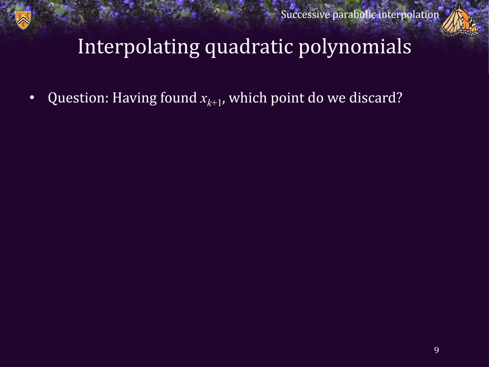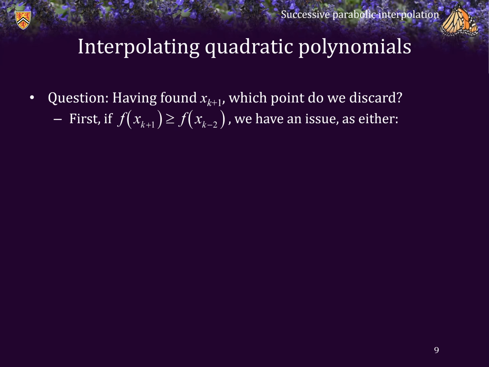Now question, having found the next point x sub k plus 1, which point do we discard? Well, first of all, if perchance f evaluated at x sub k plus 1 is actually greater than f at x sub k minus 2, then we have a serious issue.